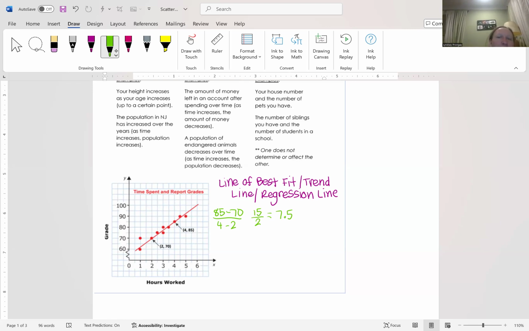Now I'm going to plug things into y equals mx plus b. Remember, it does not matter which point I use. I'm going to use my smaller numbers. So 70 for my y, my m was 7.5, my x was 2, and plus b. Before I do that calculation, notice the break in the graph.